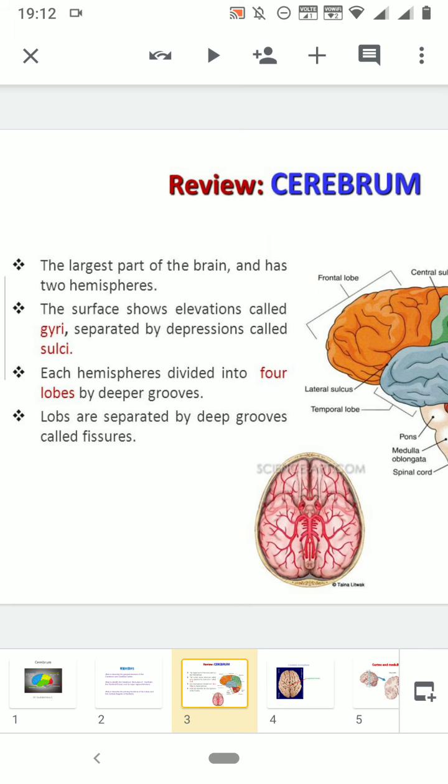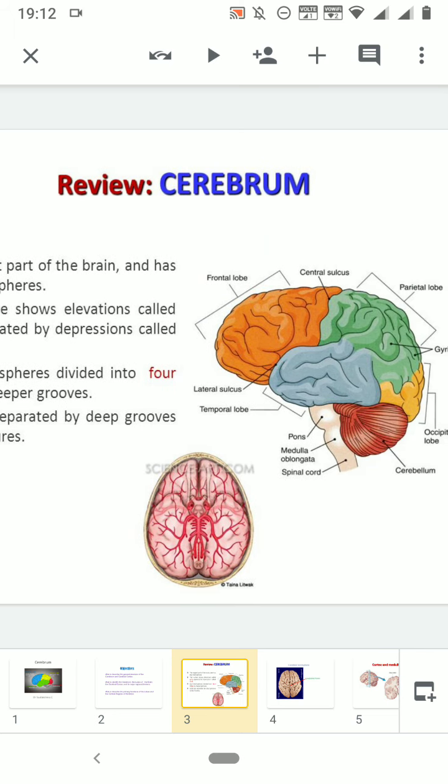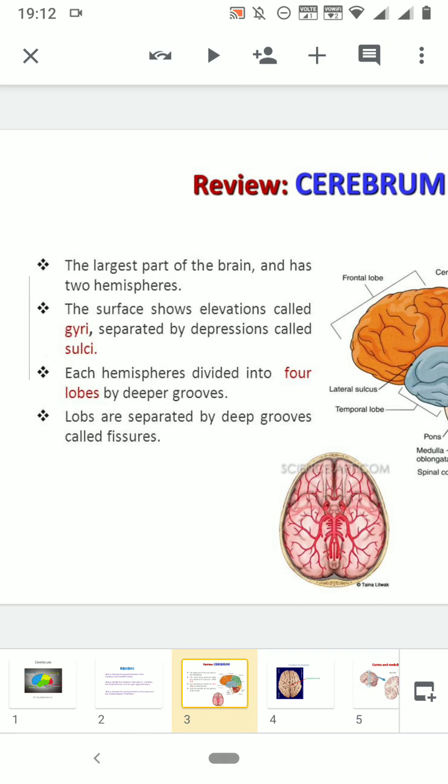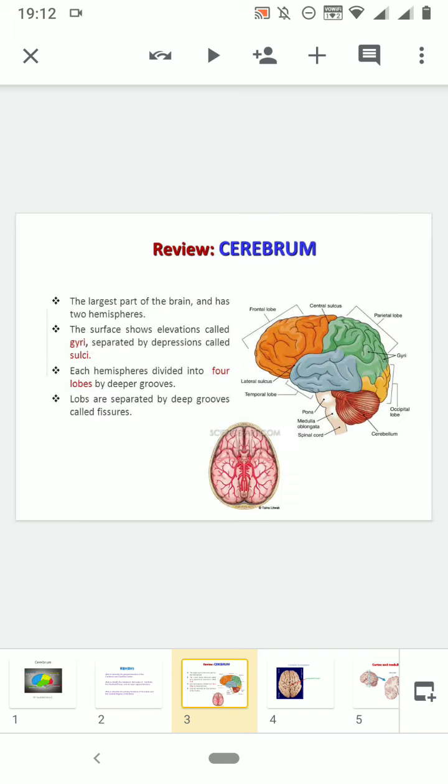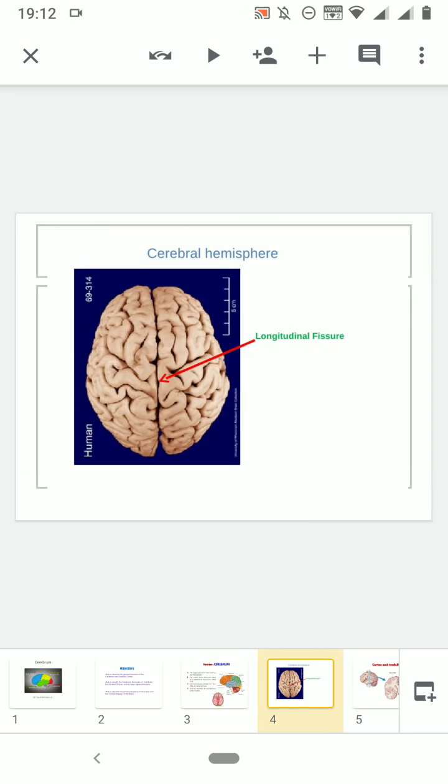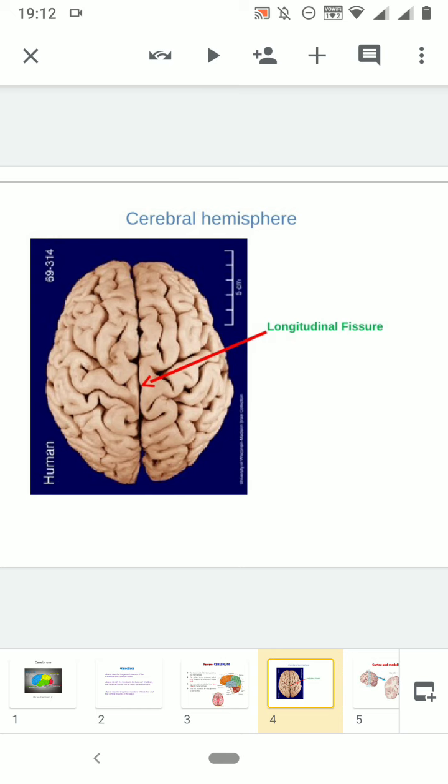Each hemisphere is divided into four lobes by deeper grooves, and these deeper grooves are also called fissures.